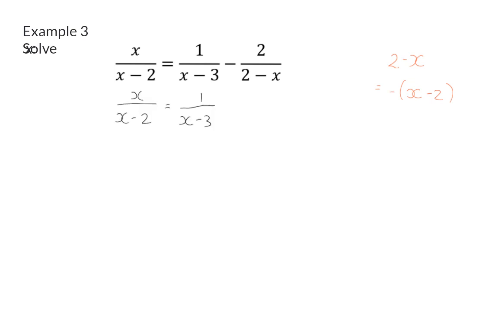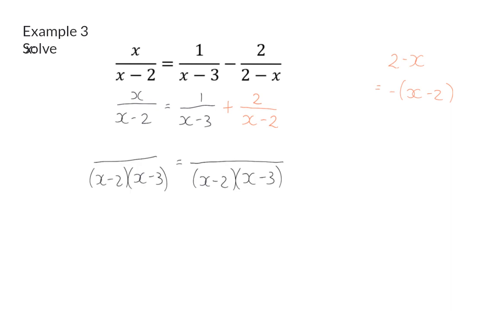When you now rewrite that last denominator as x minus 2, taking out a minus, it is useful to immediately write that negative value in front of the whole fraction, and then this will become a positive value. Our common denominator can now be determined, and that will be x minus 2 times x minus 3.